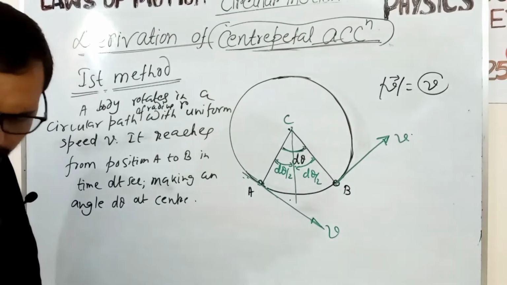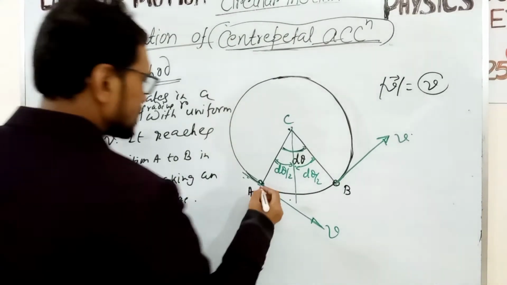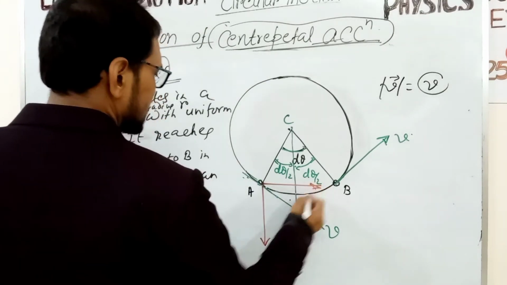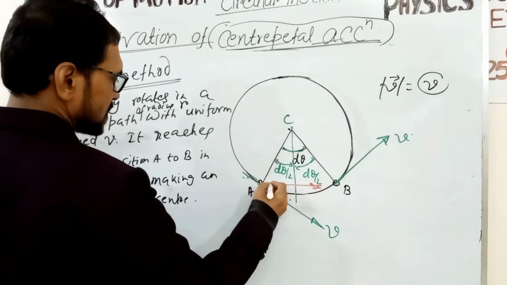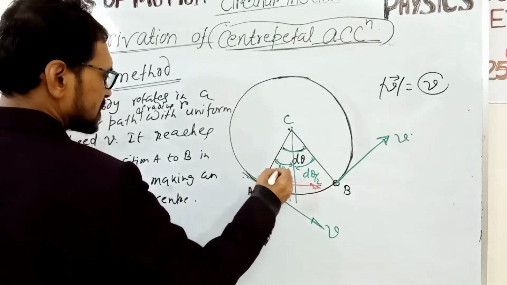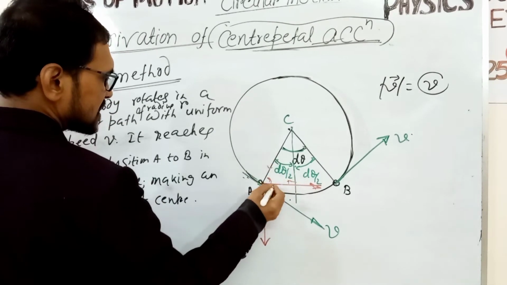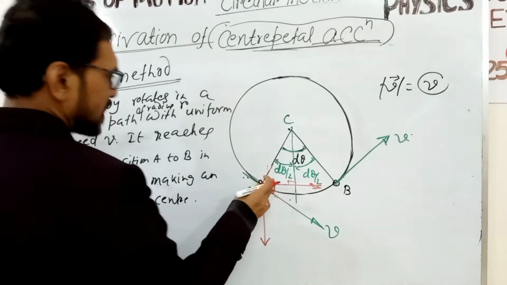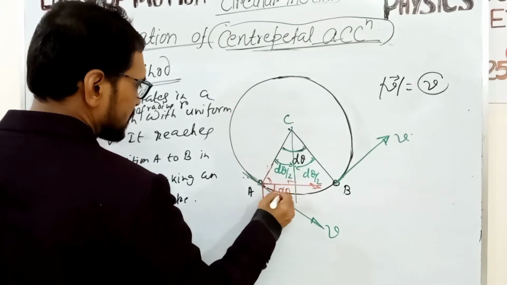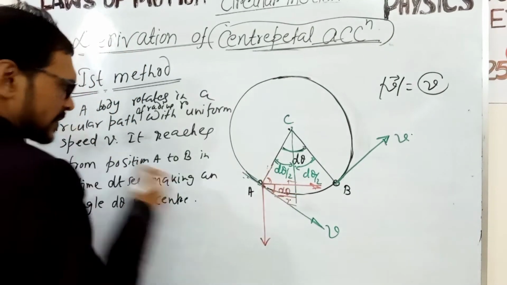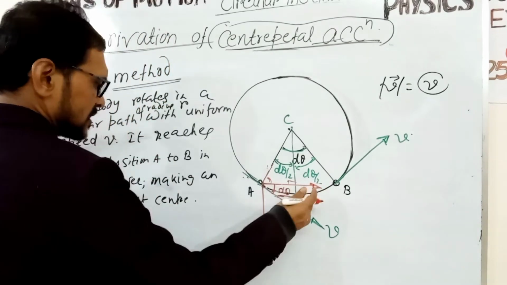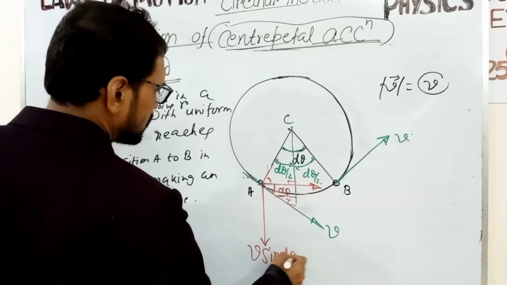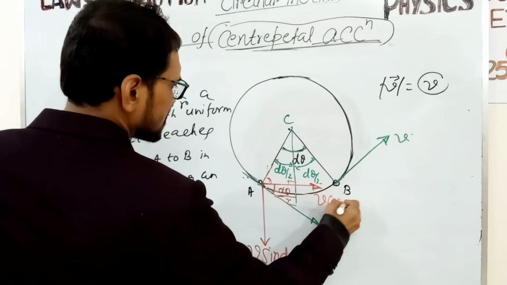If we take components along two directions, this and this, if this angle is d theta by 2, this is 90. So this angle is 90 minus d theta by 2, and this line and this line is 90 degree. So 90 minus d theta by 2, that is here, this is d theta by 2. Now the component along this is v sin d theta by 2, and this component is v cos d theta by 2.